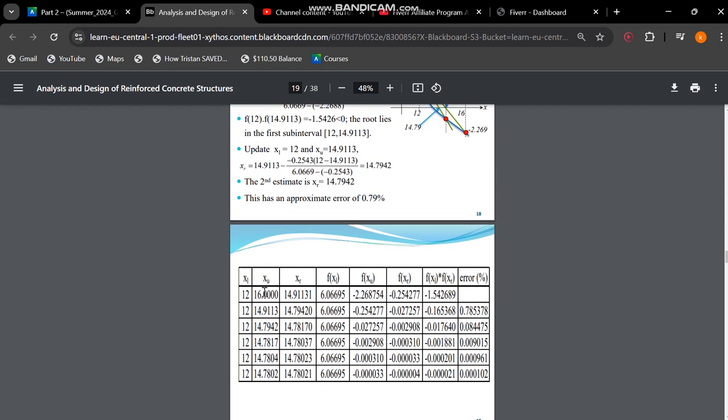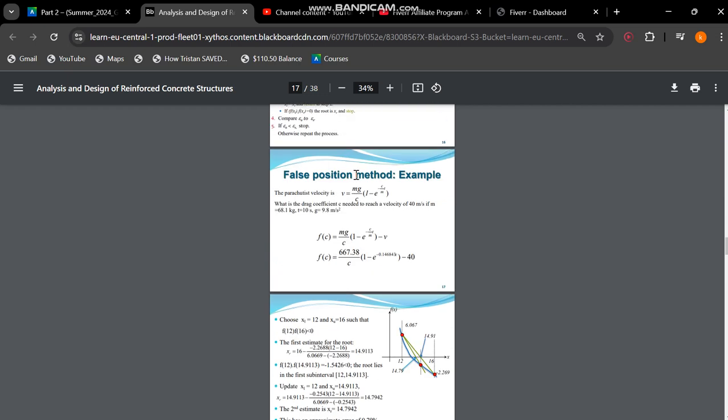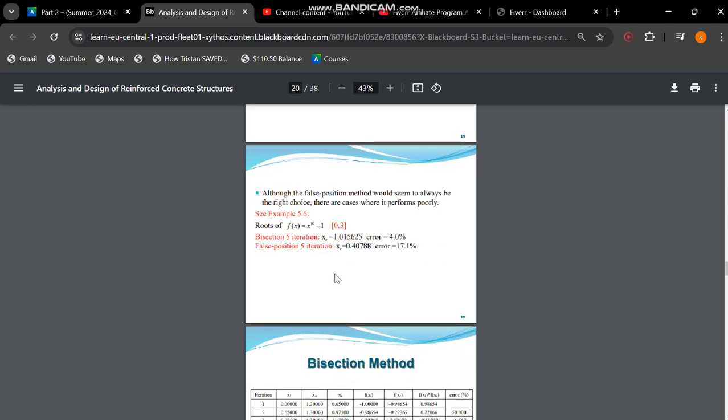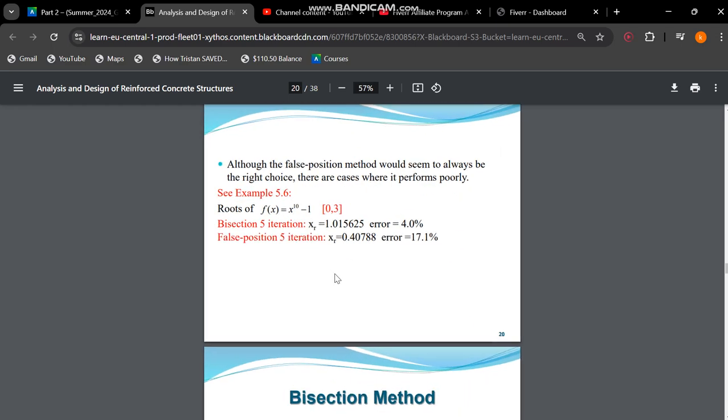As you can see, its first estimate of the root, which is XR, is much better than the bisection, because for bisection we got 14 and for false position we got 14.91131, which shows that false position is more efficient when it comes to finding roots for nonlinear equations. However, there are certain cases where false position is less efficient than the bisection method.